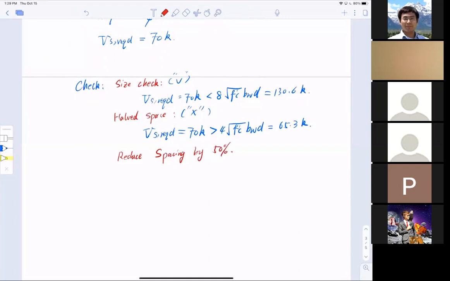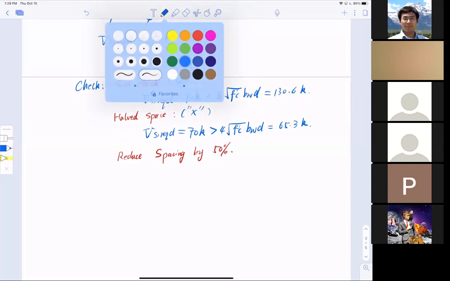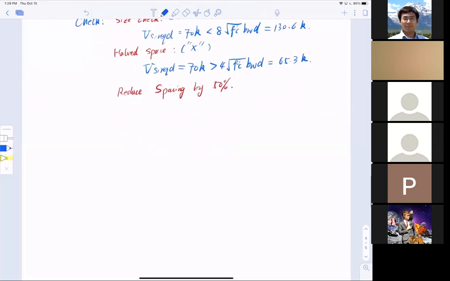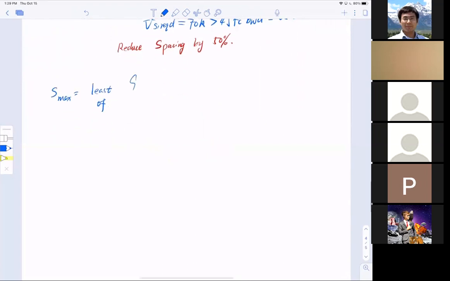So what does it mean? It means I'm going to change my equation now. S max equals the least of the following, the lower number. Pretty long, right? First, halving the spacing, 50%, so d divided by 4, and that is 5.3 inches.